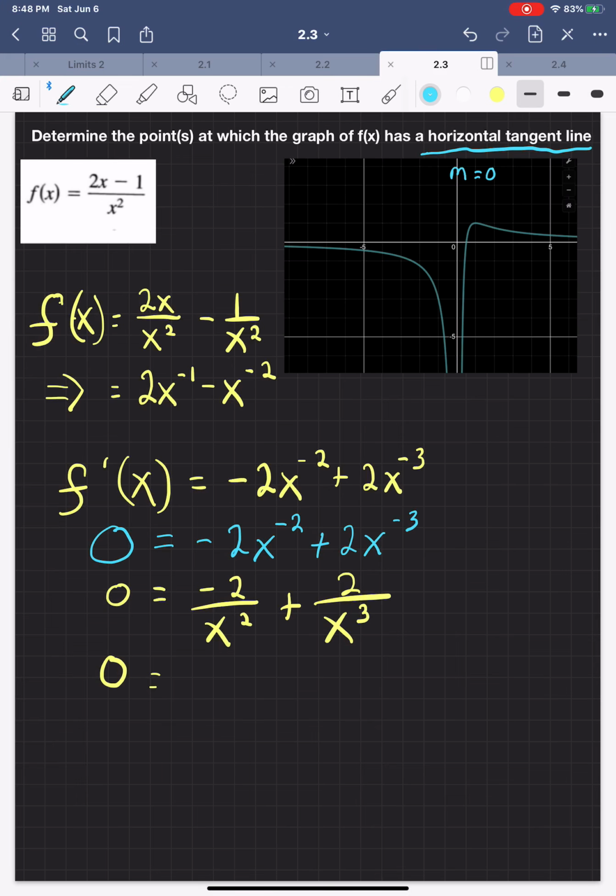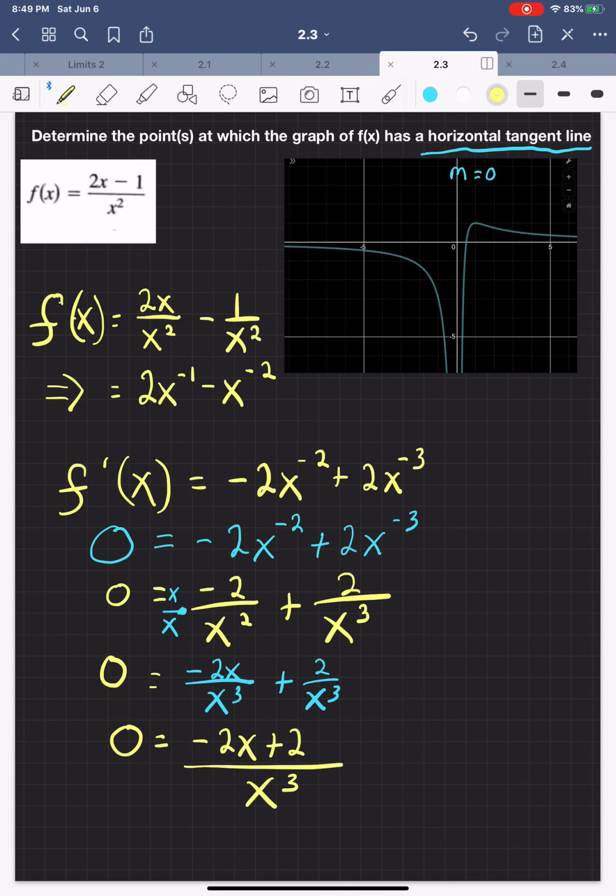So if I were to multiply this first fraction by x over x, which is just multiplying by 1, then I would have a common denominator, right? I would have negative 2x over x cubed plus 2 over x cubed. Now I have a common denominator which allows me to combine my numerators. So at this stage I would have 0 is equal to negative 2x plus 2 over x cubed.